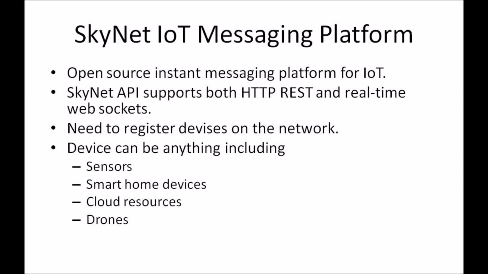Now in this slide, we'll see the Skynet IoT messaging platform. This is an open source instant messaging platform for IoT. The Skynet API supports both HTTP REST and real-time WebSockets. The devices can be anything, including sensors, smart home devices, cloud resources, drones, etc. For it to work, you need to register the devices on the network.